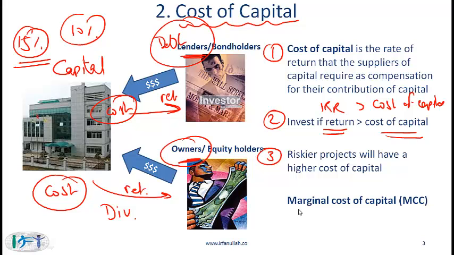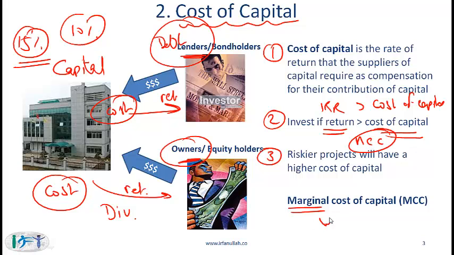And finally, in terms of terminology, you will hear the term marginal cost of capital. Marginal means additional. So marginal cost of capital means what's the cost of raising additional capital. When we talk about investment return greater than cost of capital, we are really talking about the investment return being greater than the marginal cost of capital.